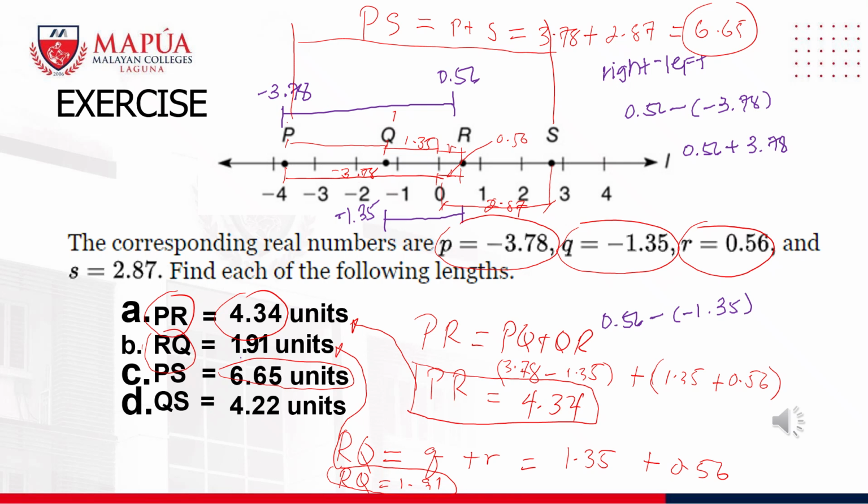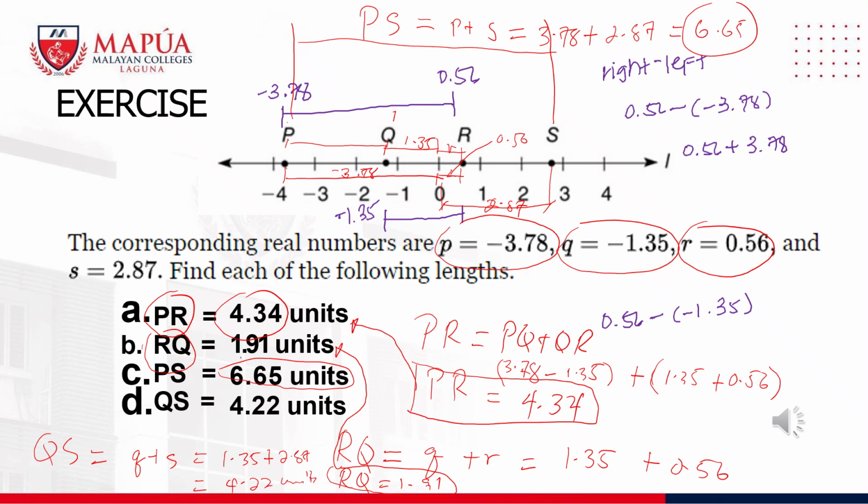So QS, class, is Q plus S. Our Q is 1.35, take the absolute value, plus S, which is 2.87, so equal to 4.22 units.